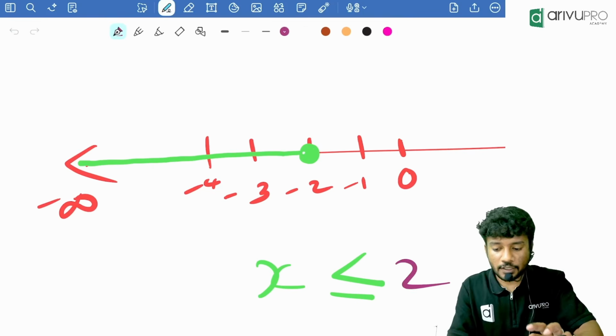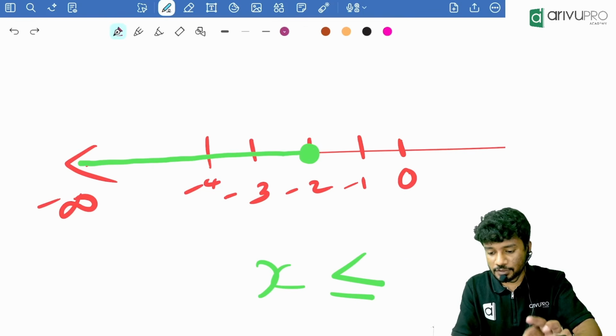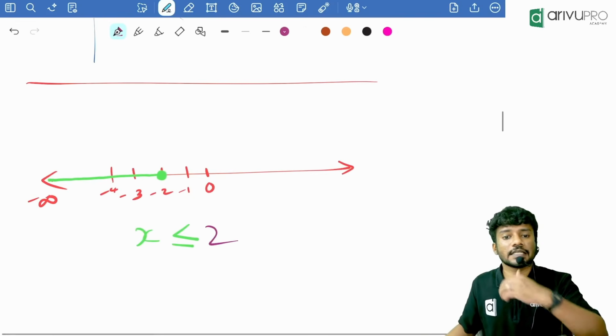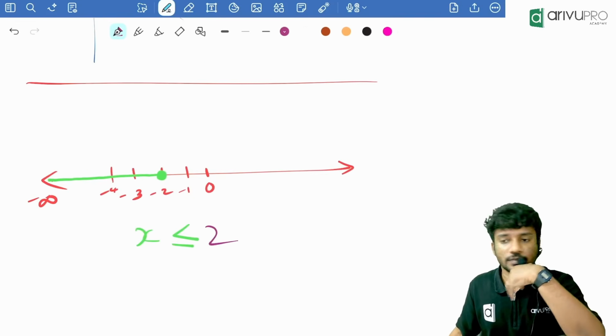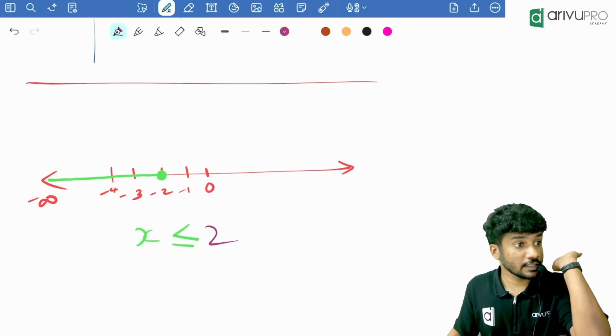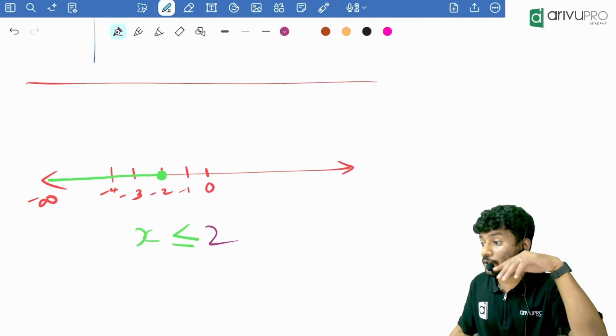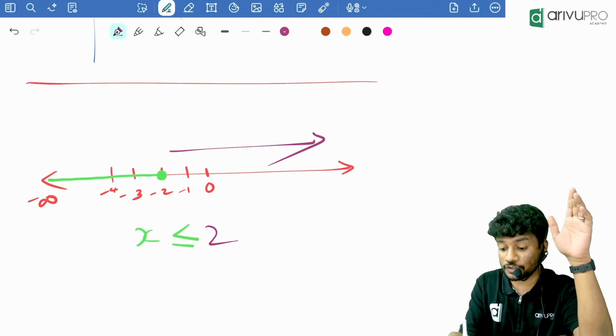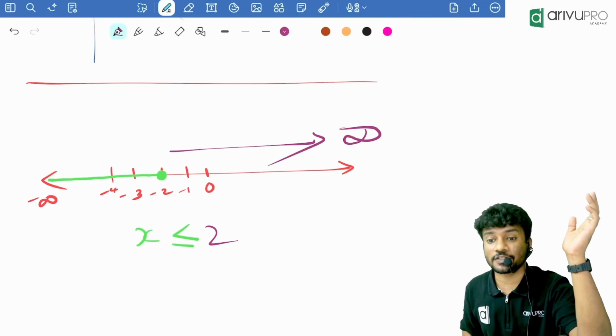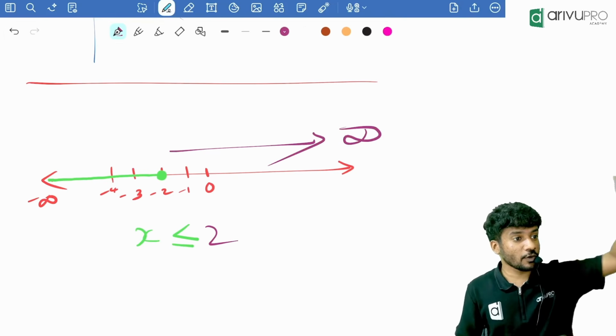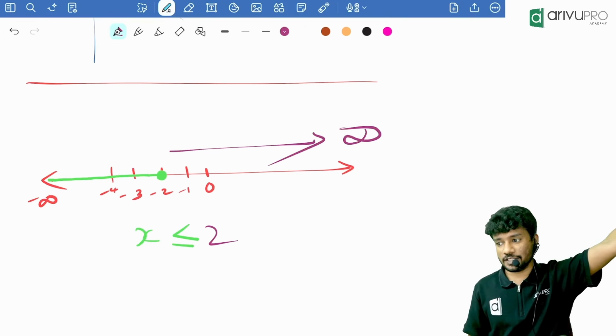Are you getting the point, people? Understood this? Less than or equal to 2, not greater than. Greater than means it should go towards plus infinity. Less than means it will go towards minus infinity.